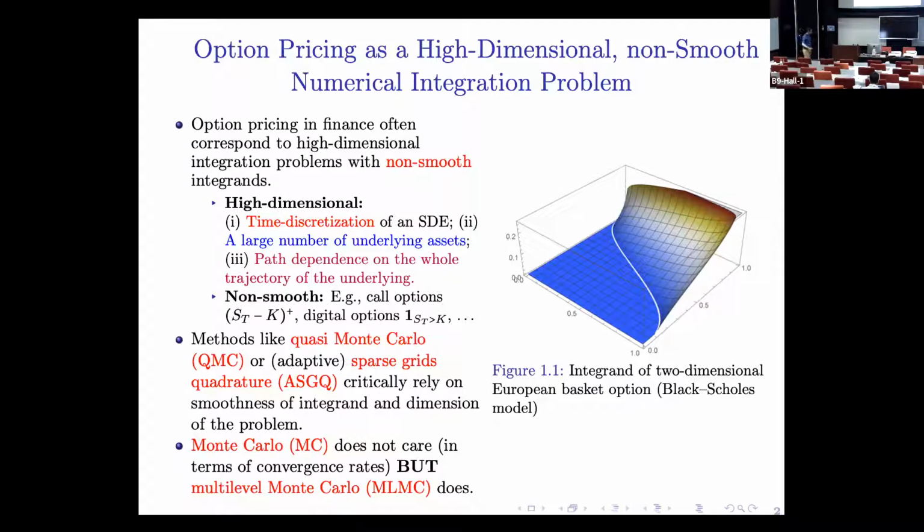On the other hand, the second class is Monte Carlo type methods. Although the standard Monte Carlo does not care about regularity and dimension in terms of convergence rates, the multi-level Monte Carlo does, as we will see later. This was also motivated by Abdu's talk, that smoothness impacts multi-level Monte Carlo.